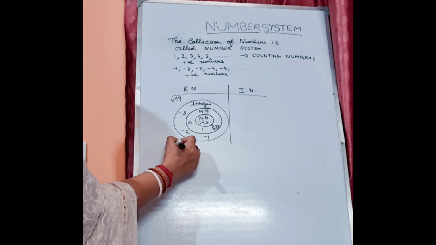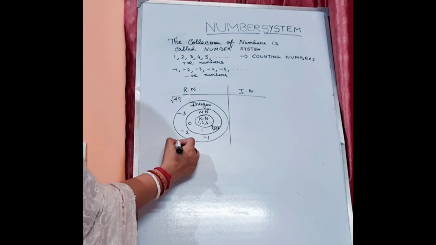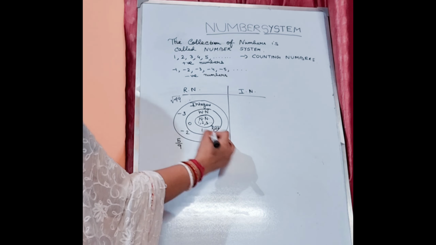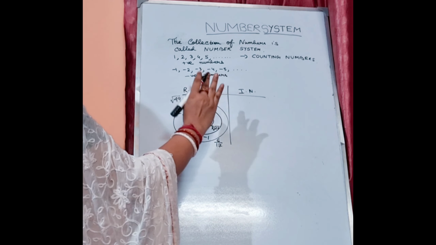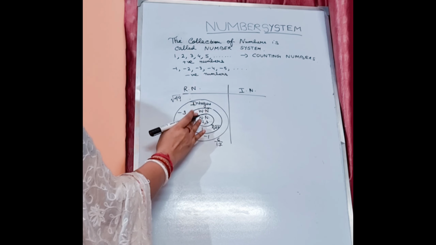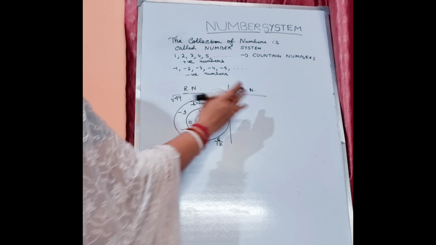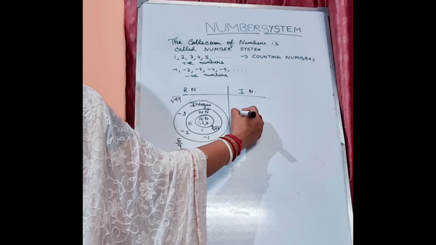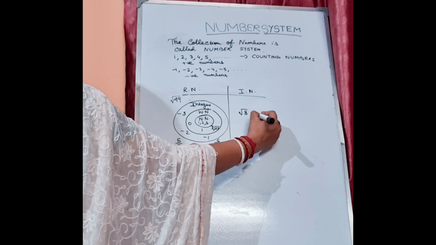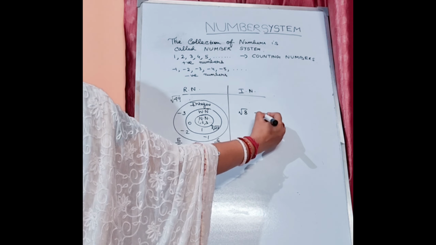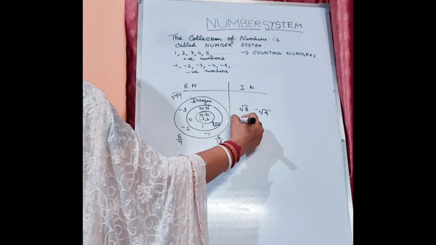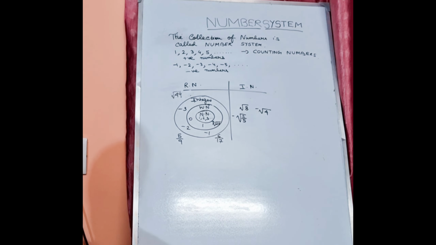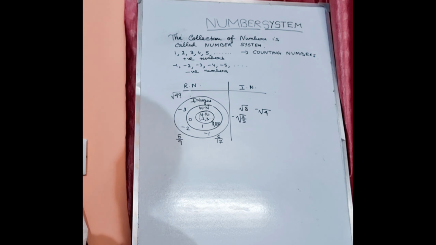Also you can write other numbers like 5 by 9, 6 by 17, etc. And the irrational numbers have no connection with these types of numbers, because they are totally different from this setup. You can write root 18, under root minus under root 4, minus 2 by 5. All these numbers are irrational numbers.